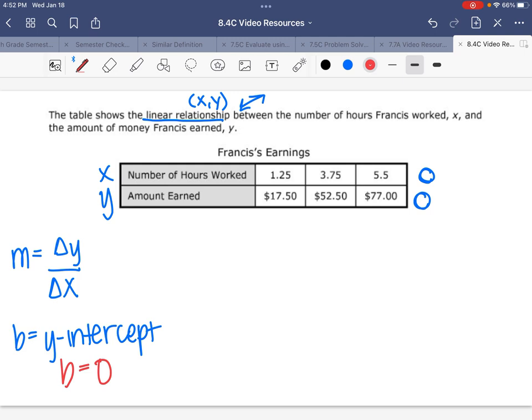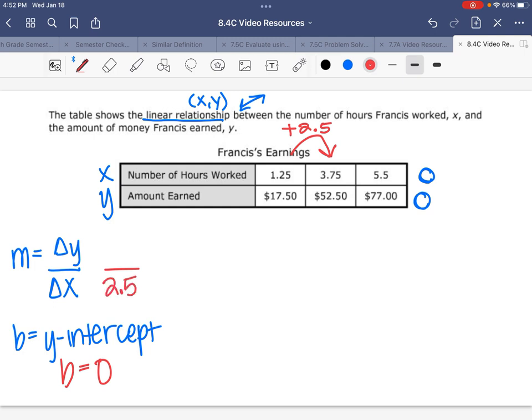And so I look and I see from 1.25 to 3.75. I think, how did that change? Well, it increased, and it increased by 2.50. So that was my change in x, which means it will go in the denominator of my ratio.